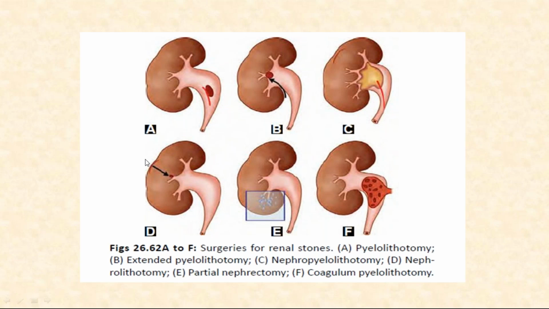This is also nephrolithotomy through the approach to the kidney. So partial nephrectomy and coagulum pyelolithotomy. These are the diagrams showing it easily. Pyelo means pelvis, the renal pelvis.